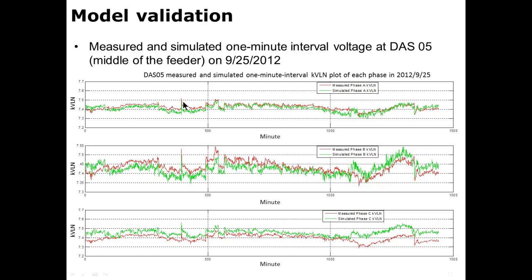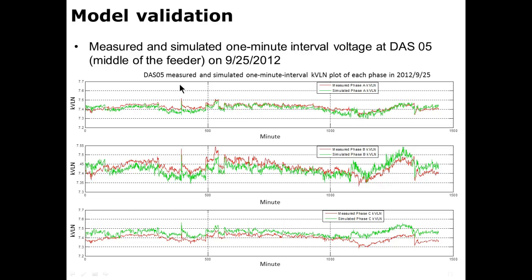Okay, these are some example results from a time series analysis in OpenDSS. The green waveforms in each of these plots are the simulated line to neutral voltage at this DAS5 location, and these are all compared with the actual field measured data from the DAS5.